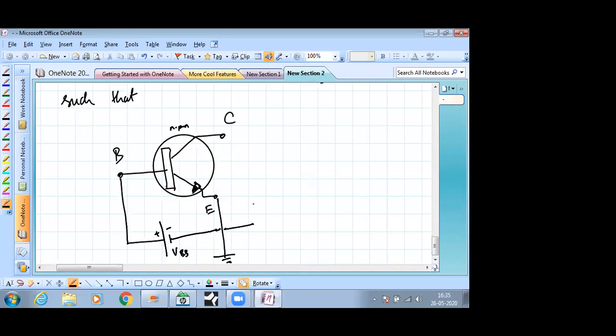On the other side, the collector is at even higher potential, because the collector's potential has to be larger than the base's potential. That is reverse biased. So what happens here is that the base emitter junction is forward biased.